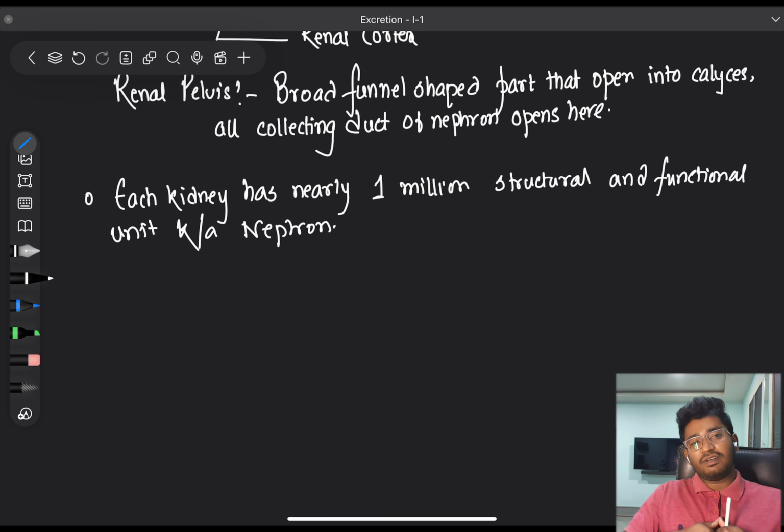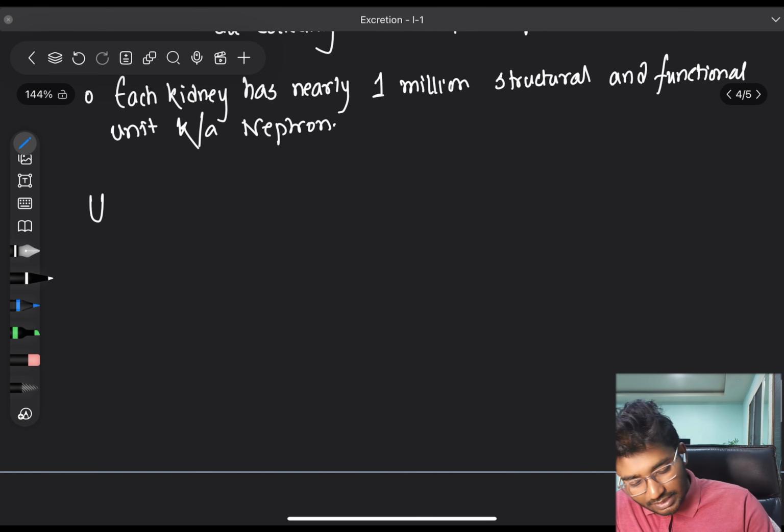So the structural and the functional unit of the kidney is called a nephron. Now the urinary bladder, I am just giving a brief idea of this, and I will also teach them elaborately in the next videos.